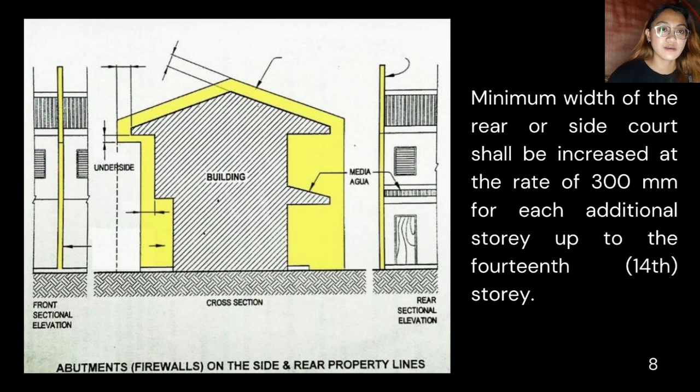As we can see in this illustration, for buildings of more than 2 stories in height, the minimum width of the rear or the side court shall be increased at the rate of 300 millimeters for each additional story up to the 14th story.